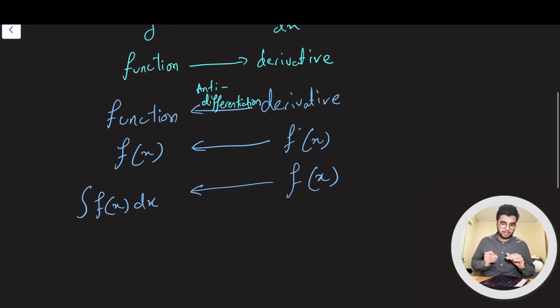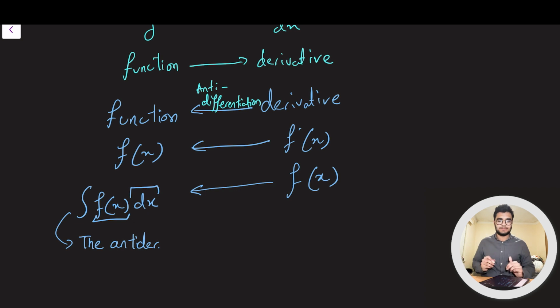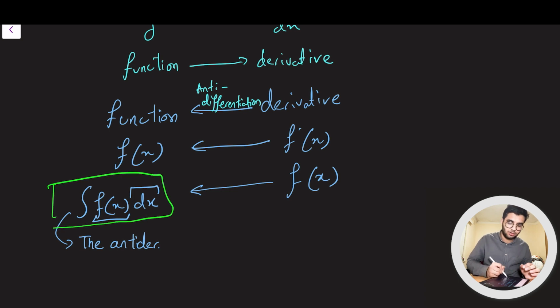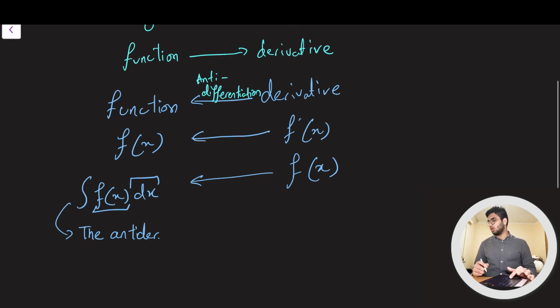Now this reads the antiderivative of f of x with respect to x. This whole thing itself is called an integral. So you can also say that the antiderivative is the integral of f of x with respect to x. All right, so we got that done.